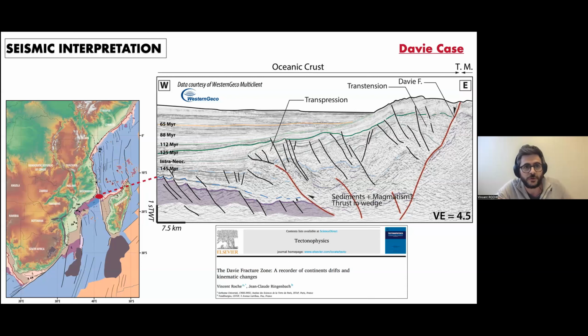We can also see a nice fracture of volcanic margin just there, and some inversion, some thrusts, and some folding within the sediments. All the sediments here are sealed by this major unconformity, which is Aptian, which corresponds to the end of the oceanic spreading in the Somali basin.